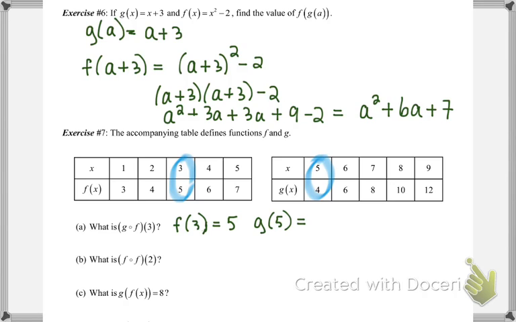And that is equal to 4. Okay, we're going to do f of 2. f of 2 is equal to 4. And now we want f of 4. And f of 4 is equal to 6.